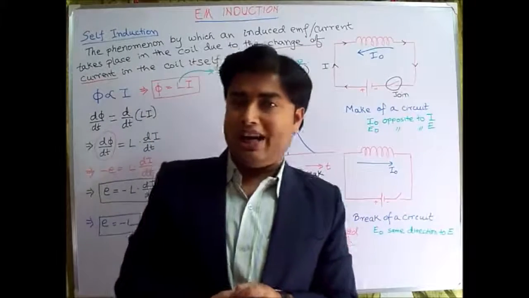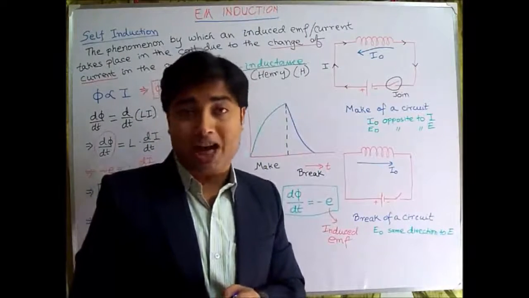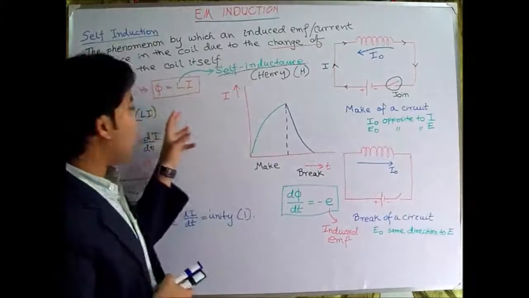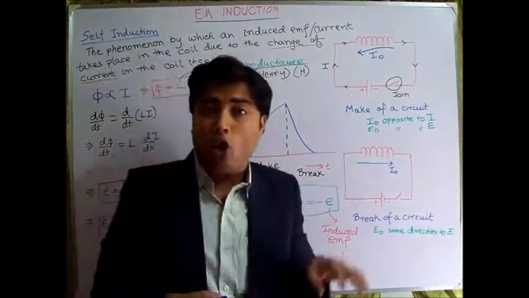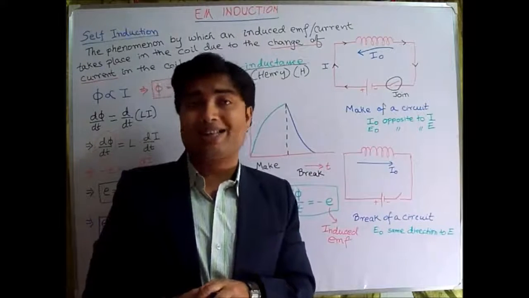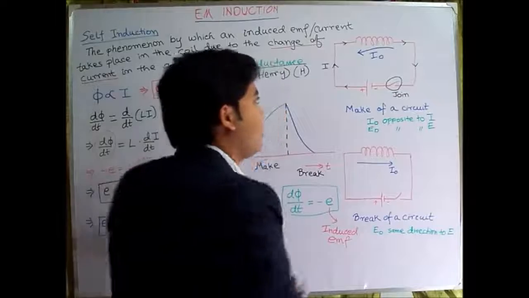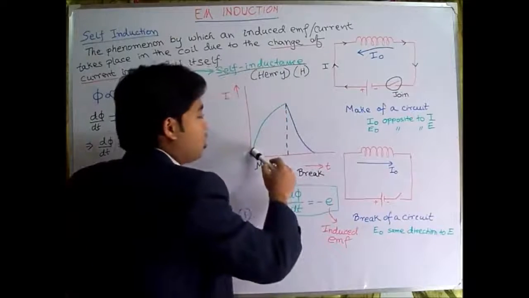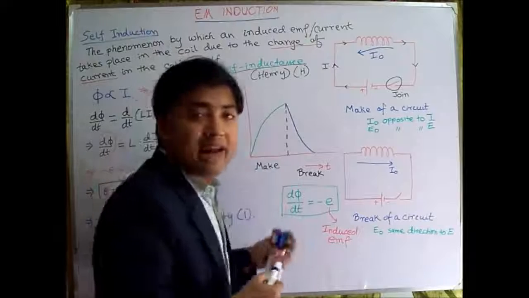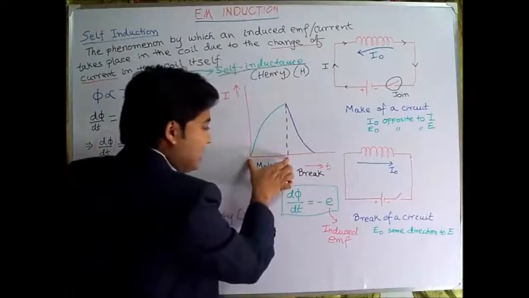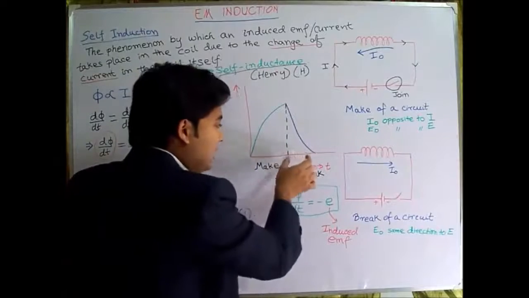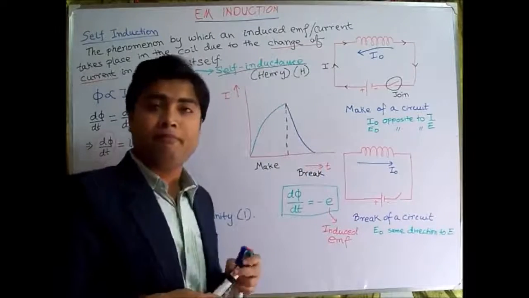In the subsequent lecture, we shall try to understand the self-inductance of a plain coil and a solenoid, and how we could minimize the self-induction, because we have seen that due to self-induction the current does not reach its peak value rapidly; it takes this much time, and for the break it also takes this much time.